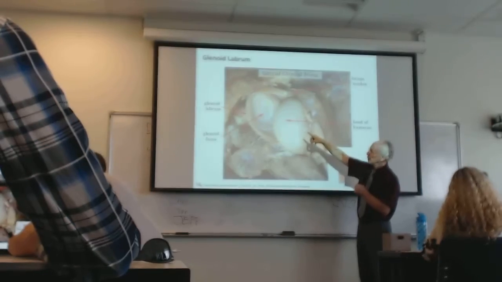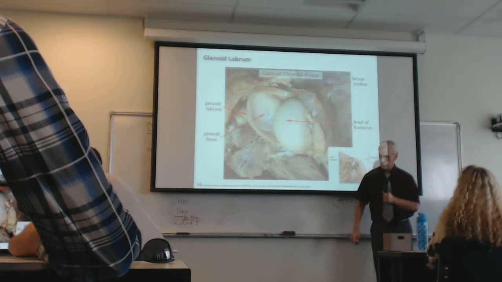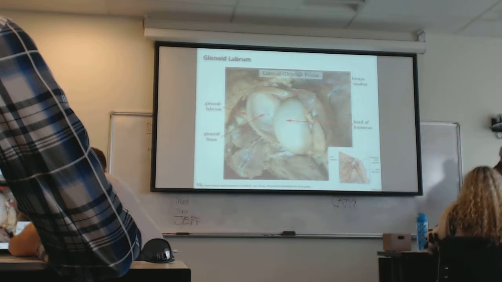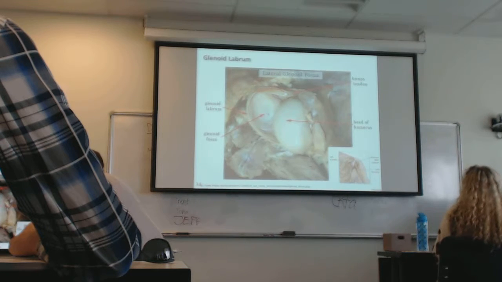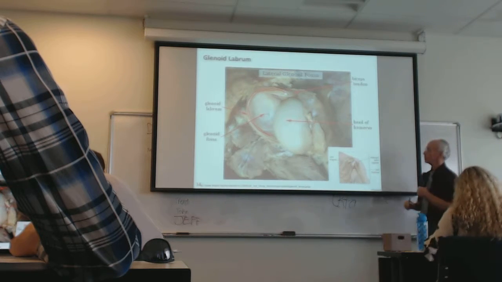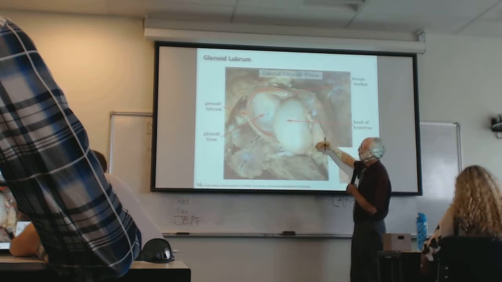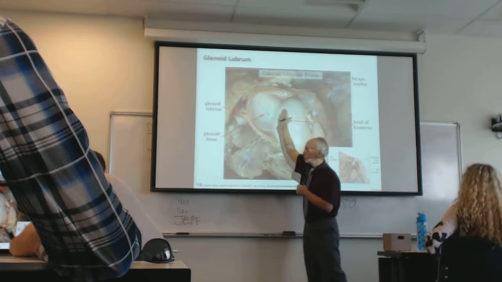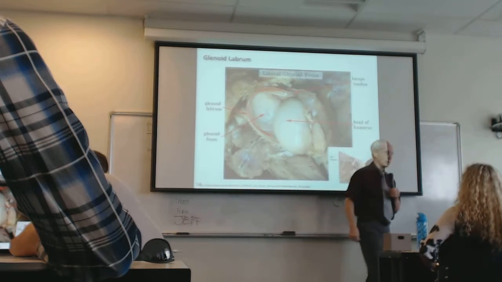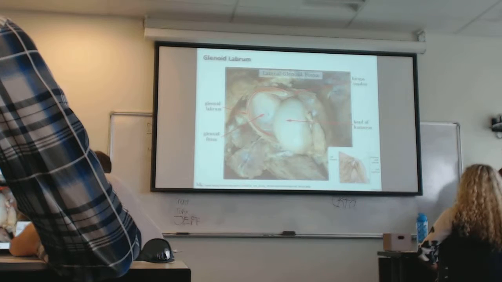You have the glenoid fossa, which is the articular surface on the scapular side. Here is the labrum, and as we saw with the hip replacement surgery, all of that would be removed in a prosthetic procedure. All of this would come off, that would be reamed out, the labrum would be removed, and appropriate prostheses would be inserted.